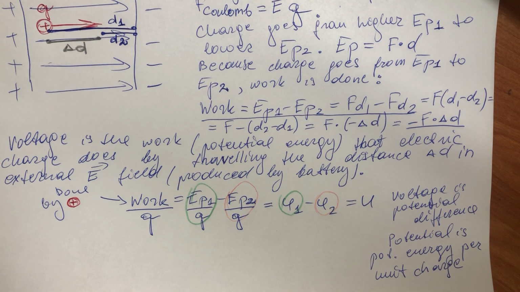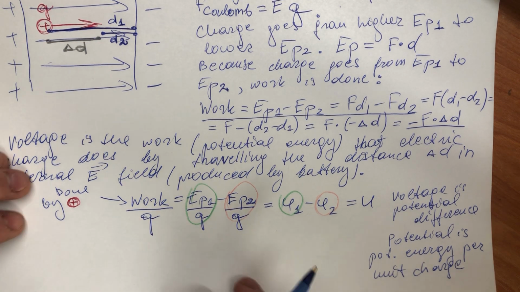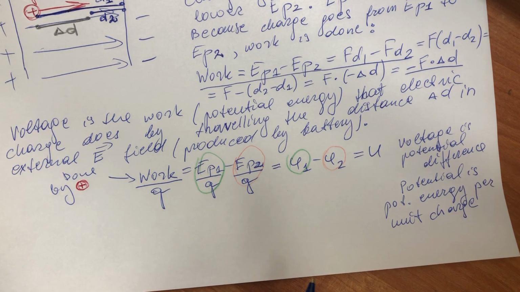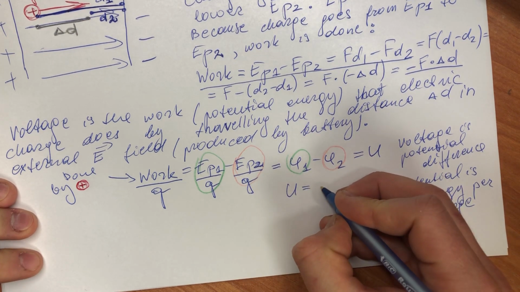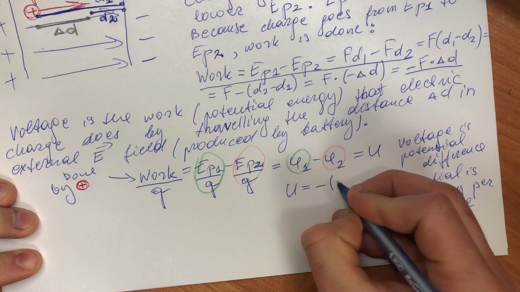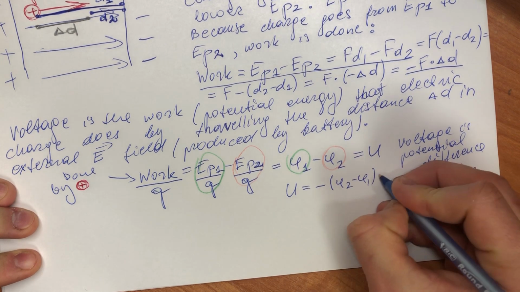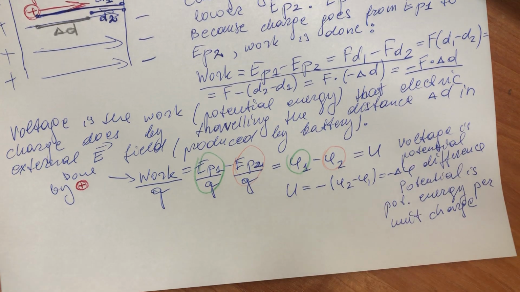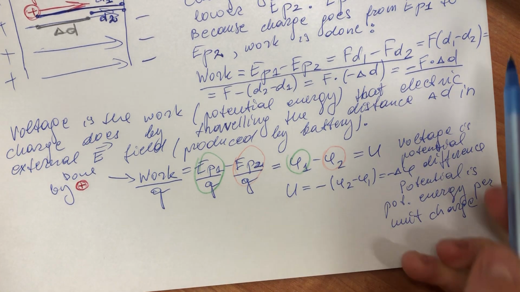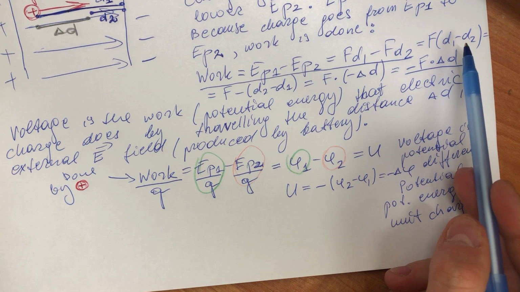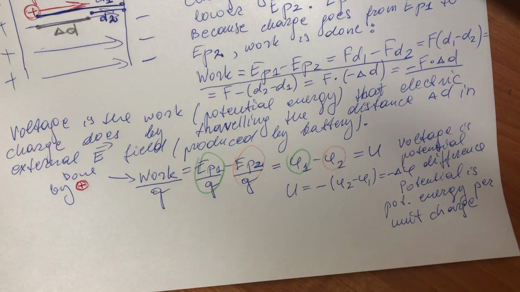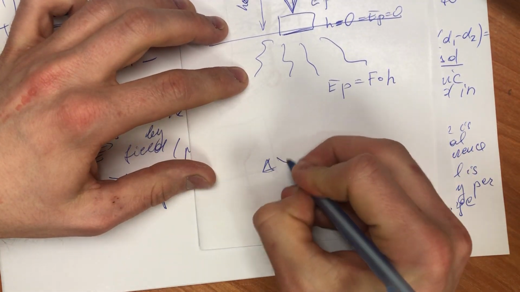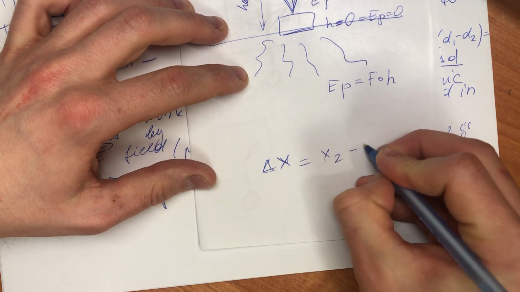So now, it's phi 1 minus phi 2. Sometimes voltage is written like minus delta phi, because it's reversed again, like here, because delta x would be x2 minus x1.